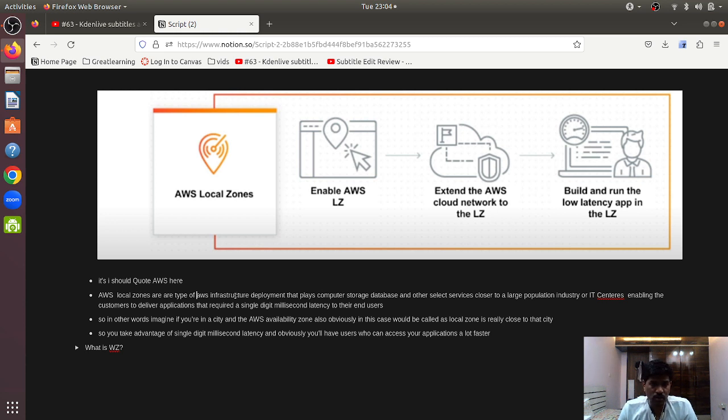In other words, imagine you are in a city and the local zone is really close to that city, so you take advantage of single-digit millisecond latency.